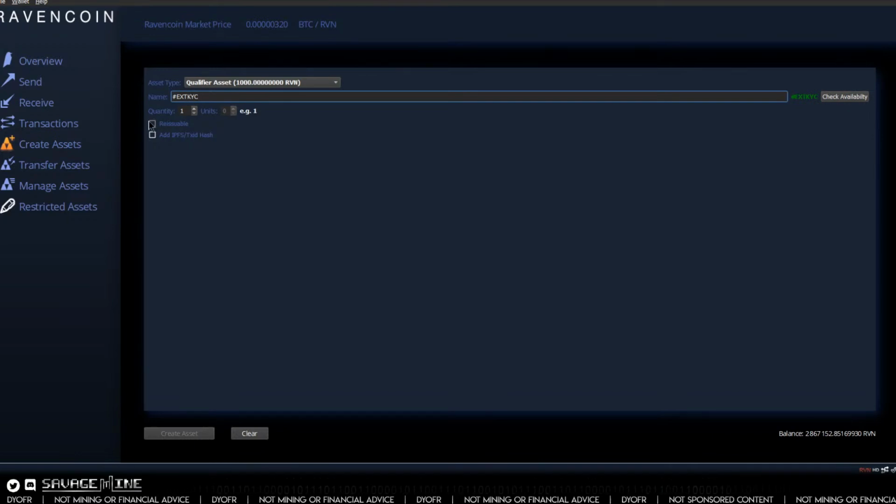And you can see right here that it is not reissuable. Tags are not reissuable. You cannot send them or recreate it. Once it's done, that's it. So you have to plan this out very precisely. You can see that you can't choose the value or the number of units because it's just a tag. It is an asset on the Ravencoin network though.